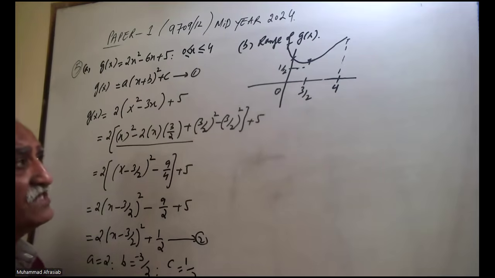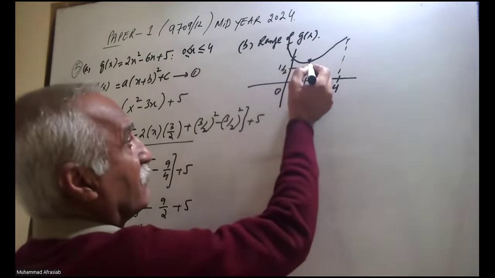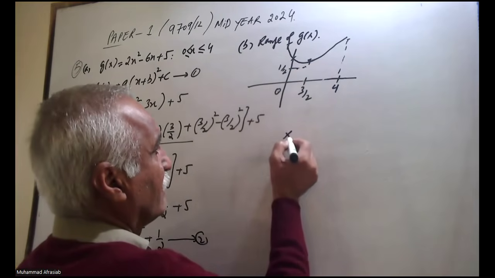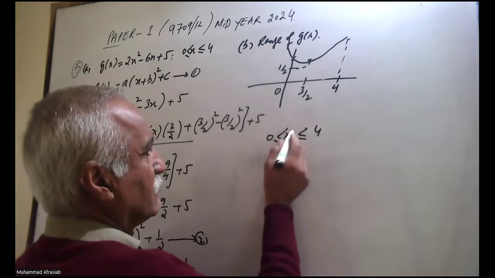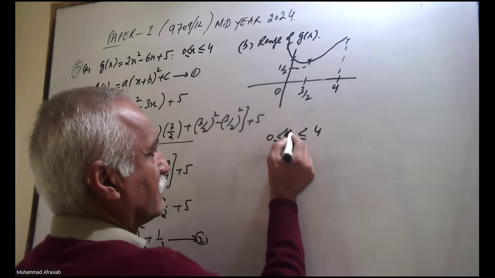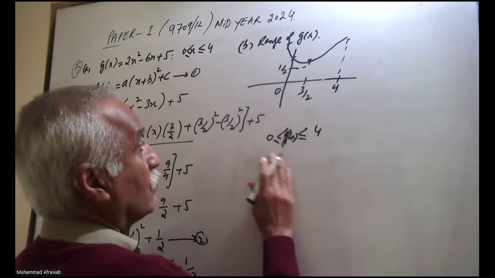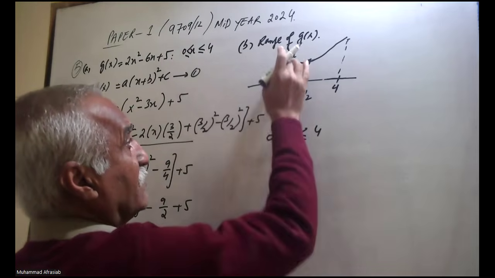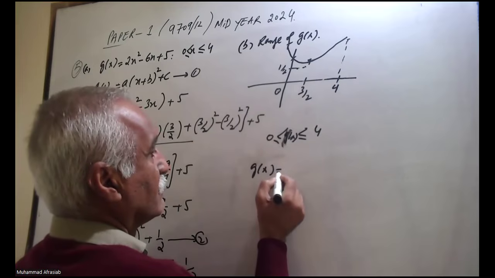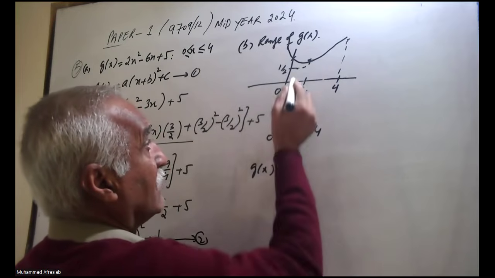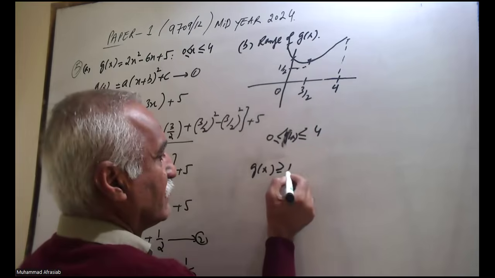So the range of this graph, because they are saying from x equal to 0 till 4, that is g(x). So for 0 value, it is half there, and more than equal to half.